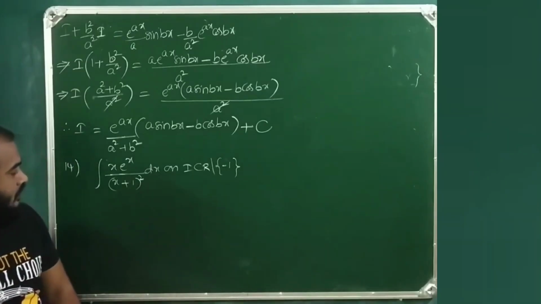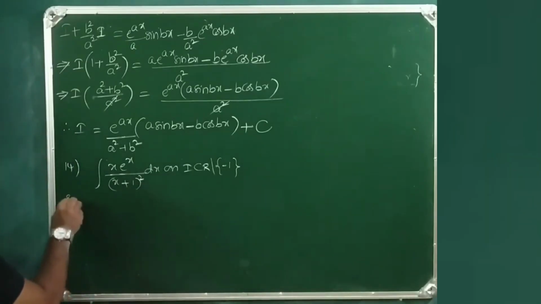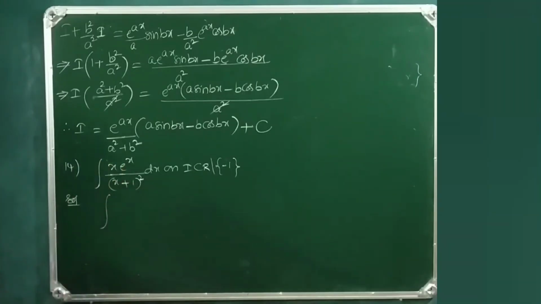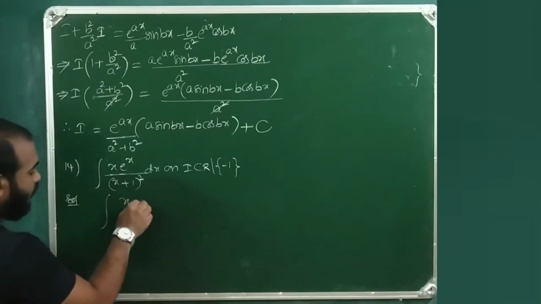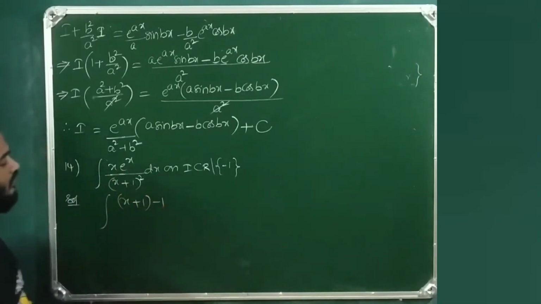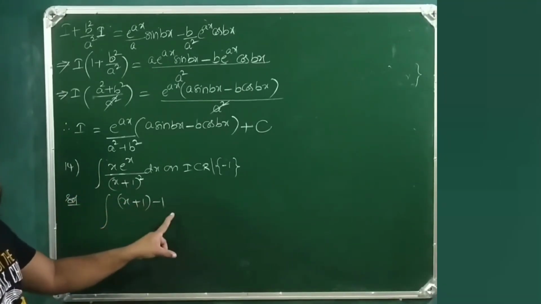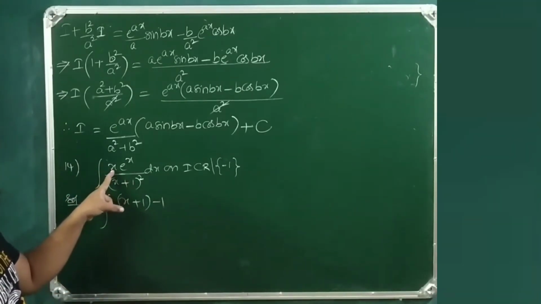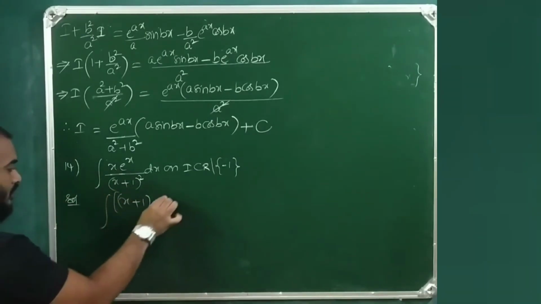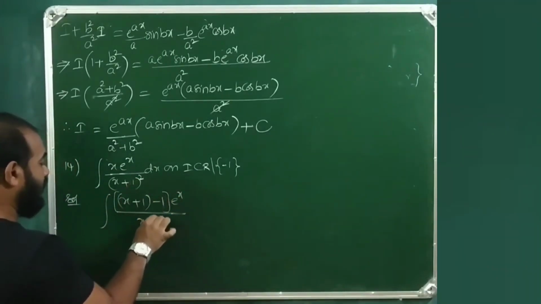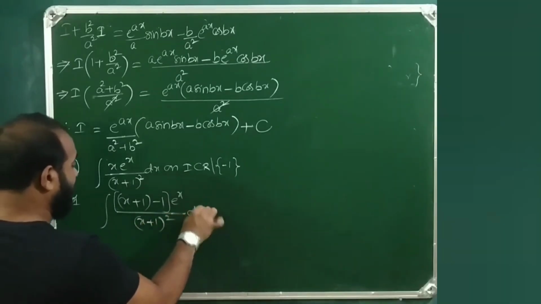So this is equals to, x sec x, which I am writing as x plus 1 minus 1. So 1 I am adding and subtracting, then we'll get x only, into e power x by (x plus 1) whole square dx.